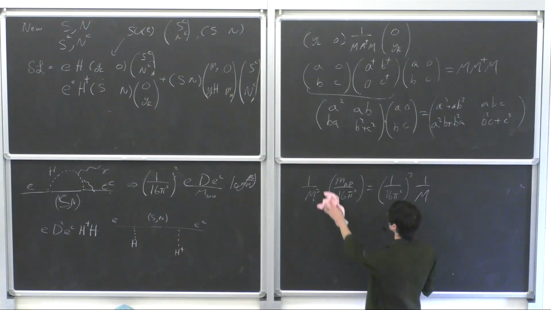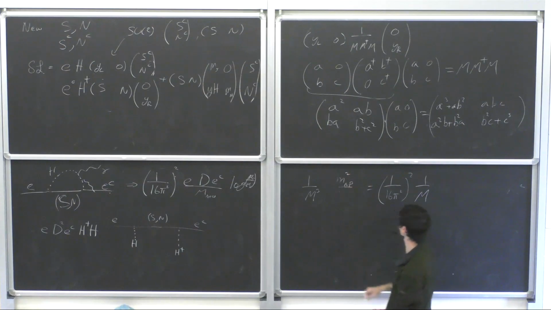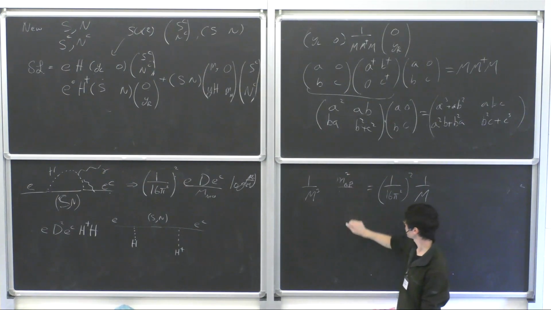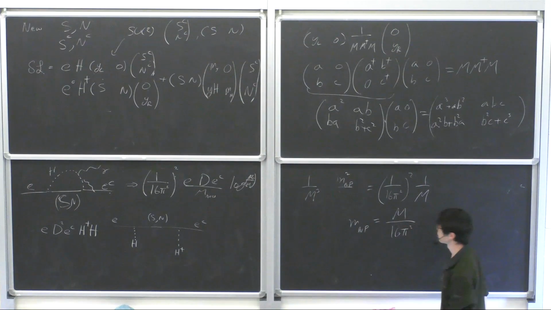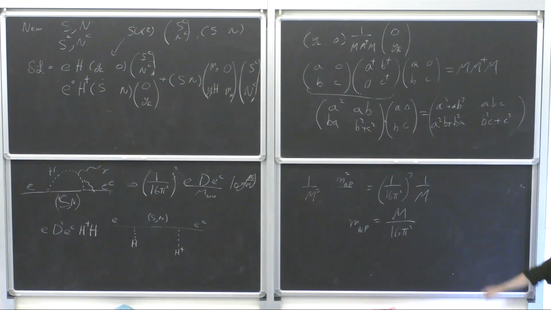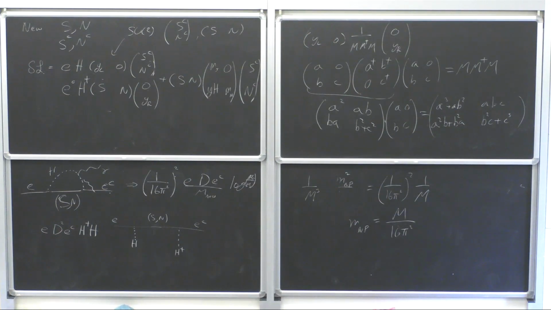That's tree level. Okay. So they would have guessed m new particles is equal to the actual mass of the particle over 16 pi squared, which is obviously wrong because the model has masses of new particles at m, not m over 100.